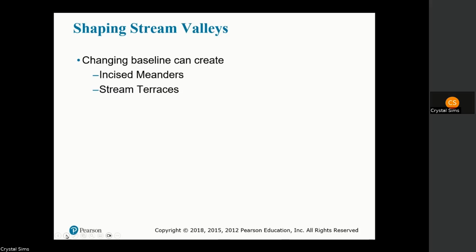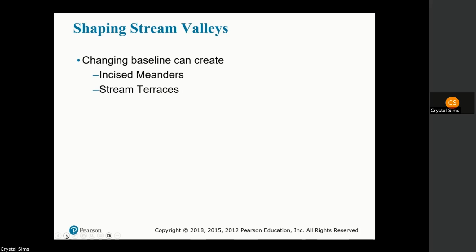But then there was a change in the base level for whatever reason, and the stream started to downcut. It started to carve out those more V-shaped or more steep walls. And this is either caused by a drop in the base level or the uplift of land.